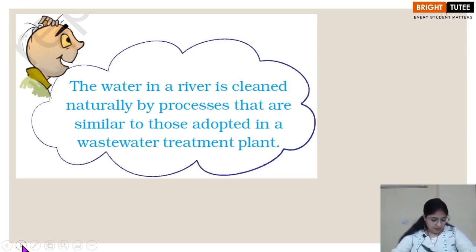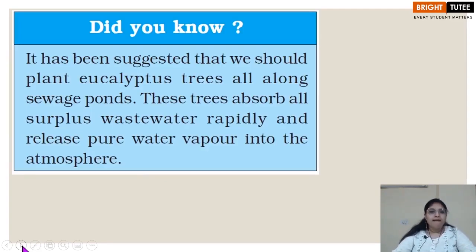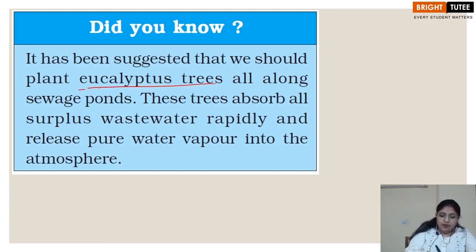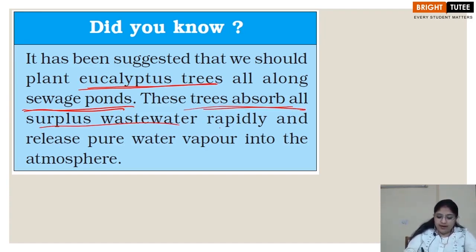Apart from that, a suggestion that has been made is that we should plant more and more eucalyptus trees all along the sewage ponds, right? Eucalyptus trees all along sewage plants, because they absorb all the surplus wastewater and rapidly release pure water vapor into the atmosphere.